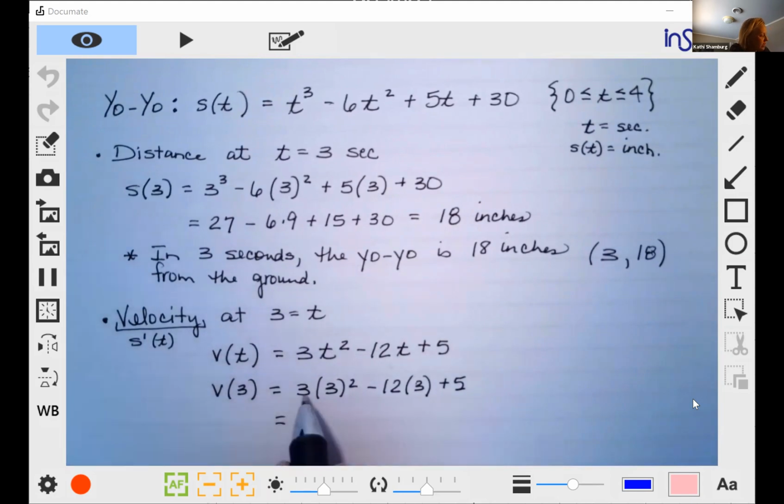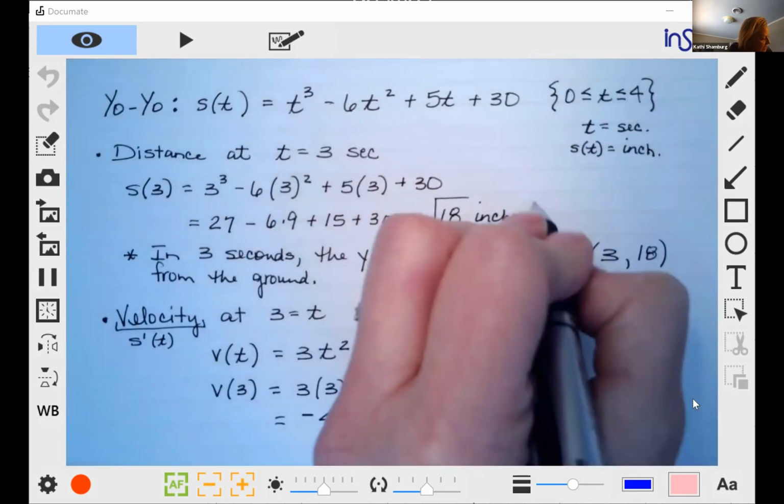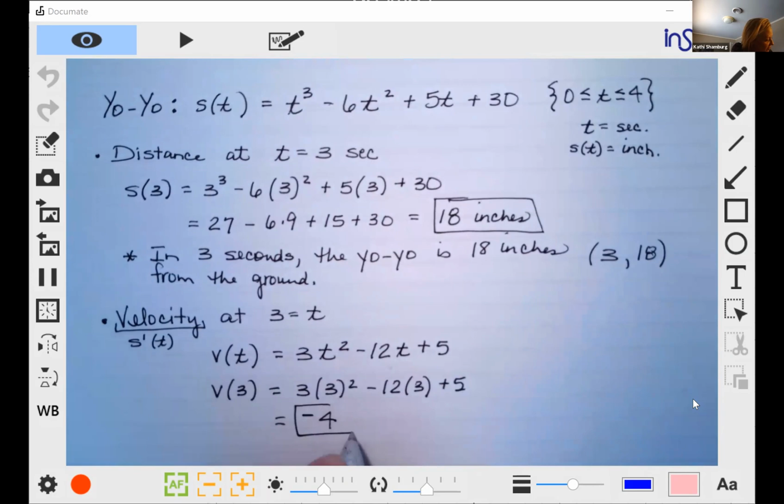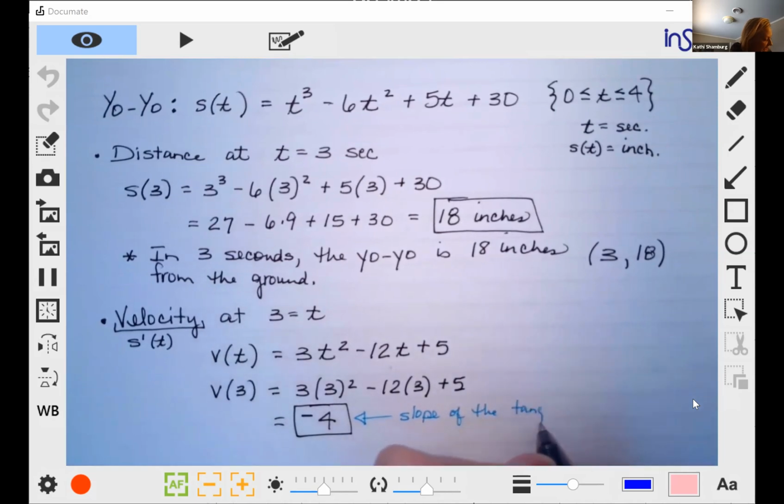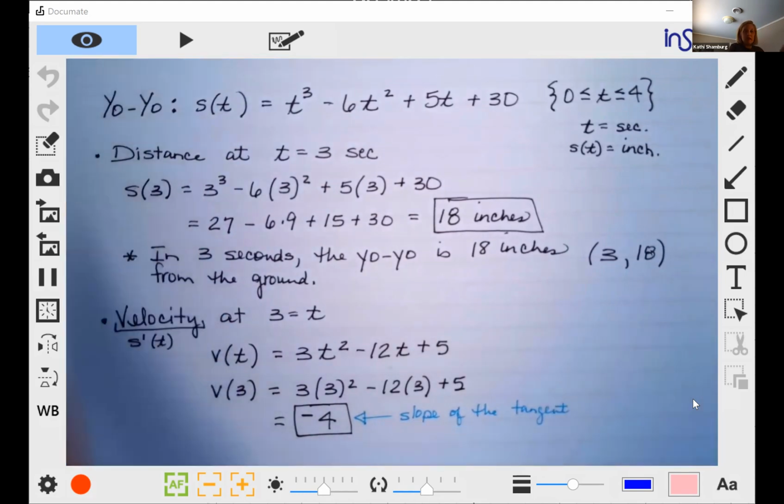And so this is 3 times 9, which is 27, minus 36 plus 5. So you get -4. So yeah, distance was 18 inches. Now we get -4. Now, what I want you to remember is this is the slope of the tangent line at 3 seconds.